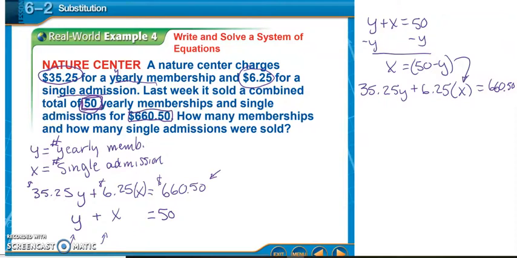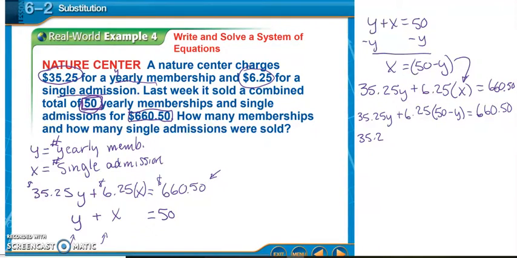Now I'm going to do the substitution step. I'm going to take 35.25Y and rewrite it, and instead of the X, remember, X equals 50 minus Y, so I'm going to put the 50 minus Y in there. This is where your calculator might help with one like this, because you're going to have a lot of multiplying to do. So go ahead and use your calculator to multiply this.